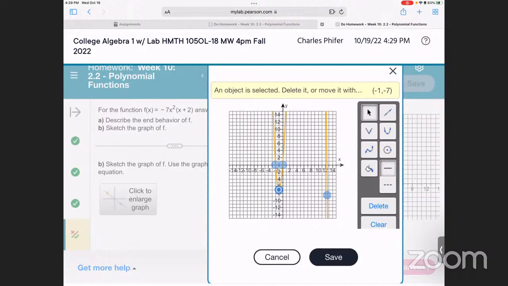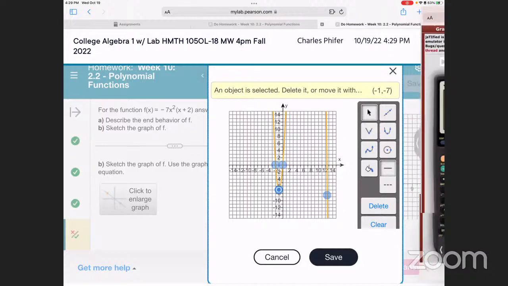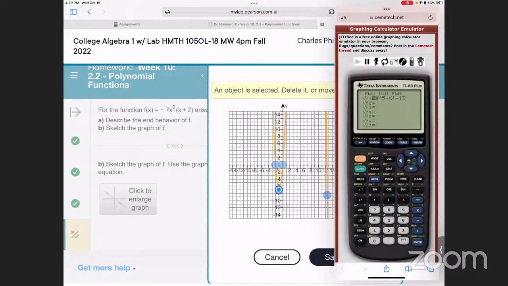Let's try a half. So for the half, let me just use the calculator. Okay. So if I go to my Y equals, I guess I can type it here. Negative, where's the negative? Is that this guy? -7x squared. Okay. I don't know what my parentheses is. That's 8.